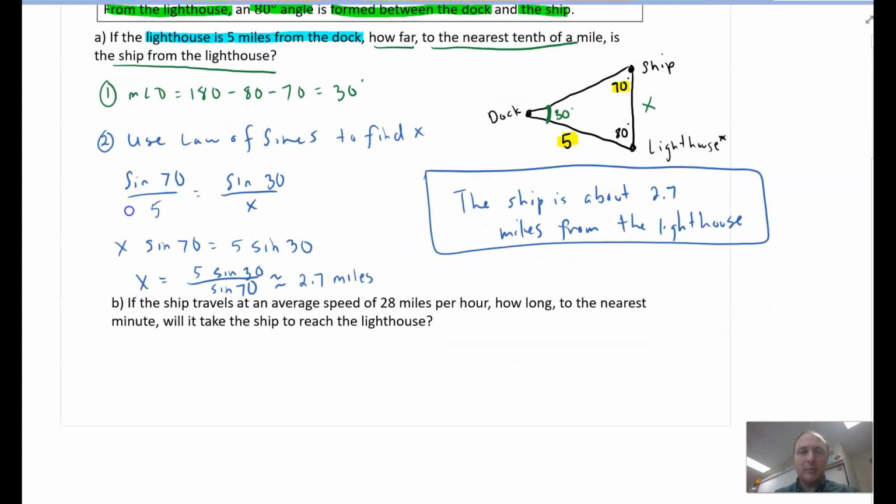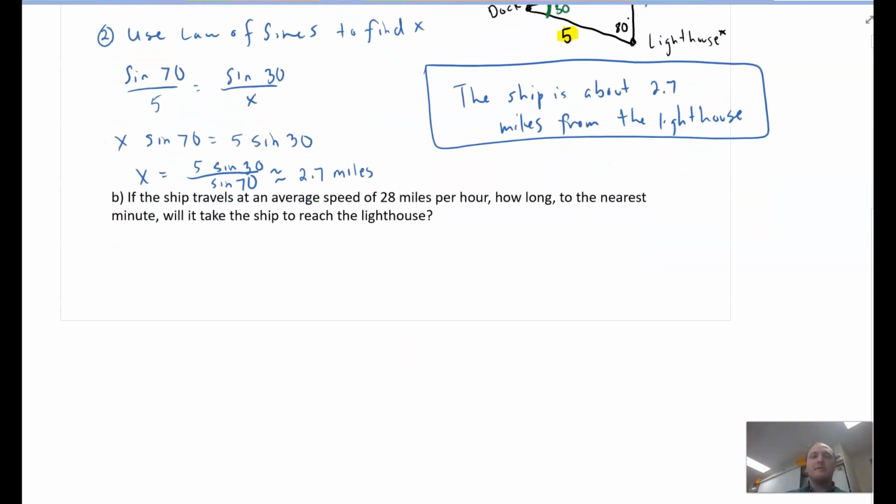Part B says, if the ship travels at an average speed of 28 miles per hour, how long to the nearest minute will it take for the ship to reach the lighthouse? What they give us is the rate. I know that the rate is 28 miles per hour. I also know that the distance to the lighthouse is 2.7 miles.